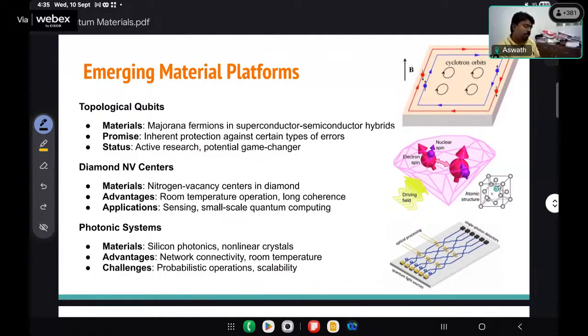As you can see, the NV center here is actually made from diamond. Diamond consists of carbons arranged in a very interesting way. This is the carbon arrangement shown. One single lattice cell consisting of these carbons is arranged in a tetrahedral packing.